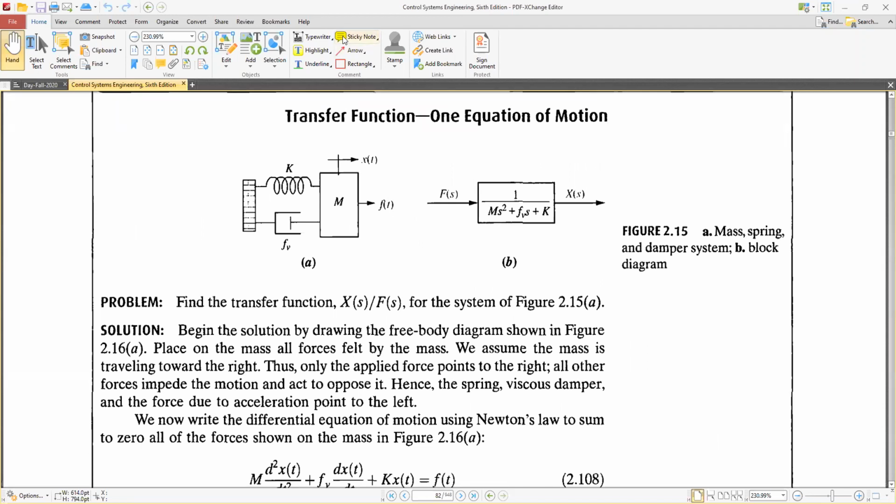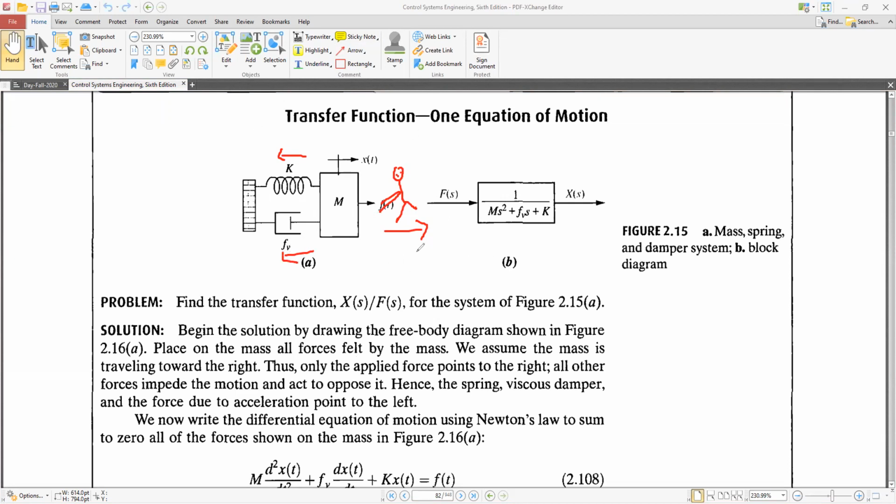Let's say some person is pulling this mass m in this direction, but it feels some forces from the opposite direction.